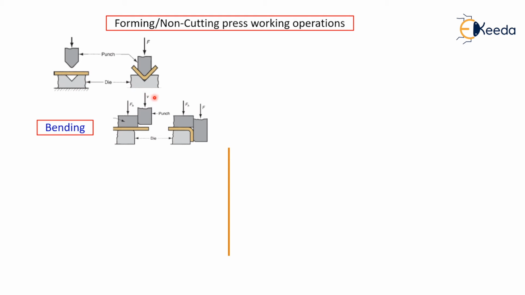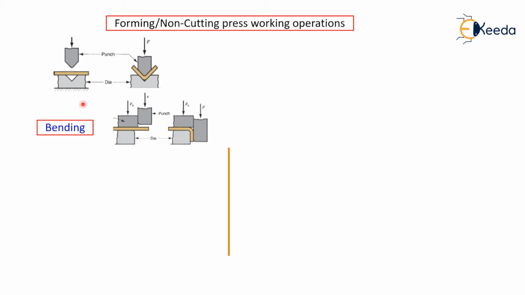Bending in sheet metal work is defined as the straining of metal around a straight axis. In this operation, the metal in the form of a flat sheet or strip is uniformly strained around a linear axis. During bending, metal on the inside of the neutral plane is compressed while the metal on the outside of the neutral plane is stretched.